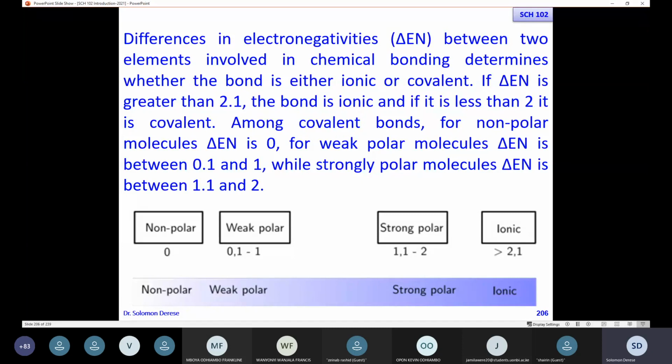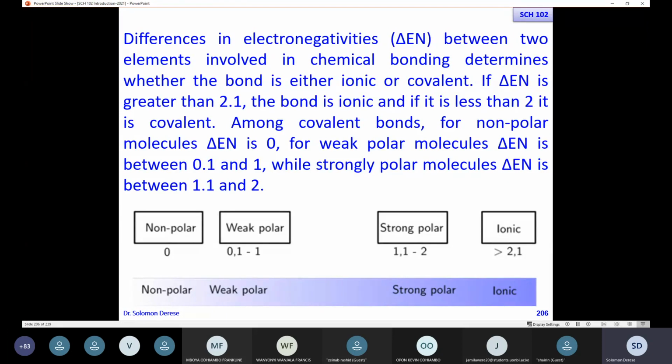However, if the electronegativity difference between the elements involved in covalent bonding is between 1.1 and 2, the covalent bond is strongly polar. For example, we've seen in HF, fluorine has an electronegativity of 4.0.